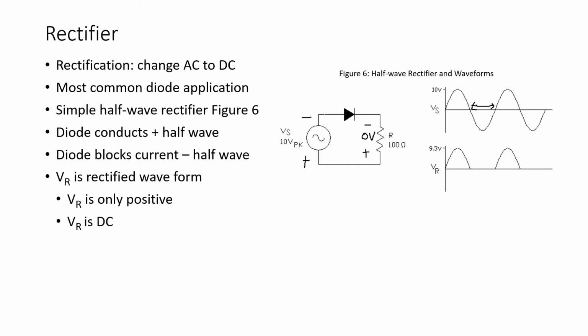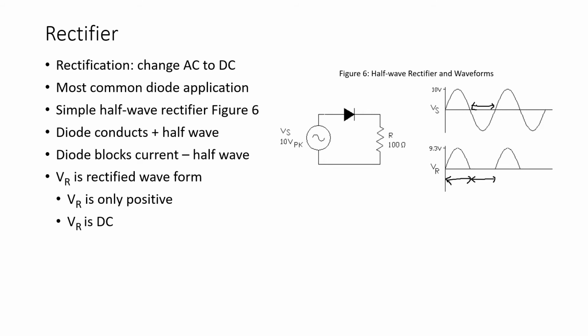So we see in the sketch of the rectified waveform across VR, during the positive half wave period, the diode conducts and the voltage across the resistor is 9.3 volts. That's 10 volts minus the 0.7 volts dropped across the diode. And during the negative half wave, from here to here, no current flows in the circuit. And of course, there is no voltage developed across the resistor.